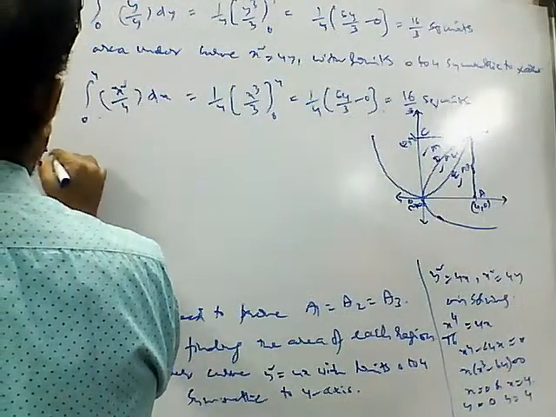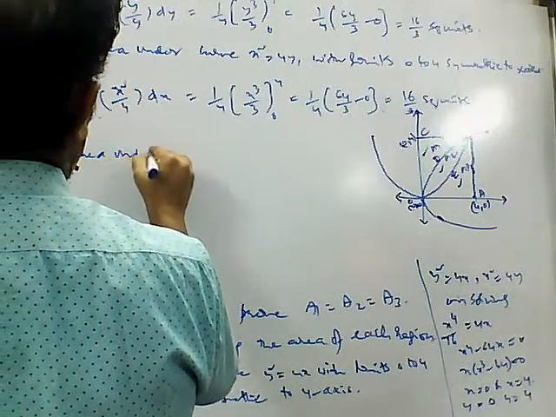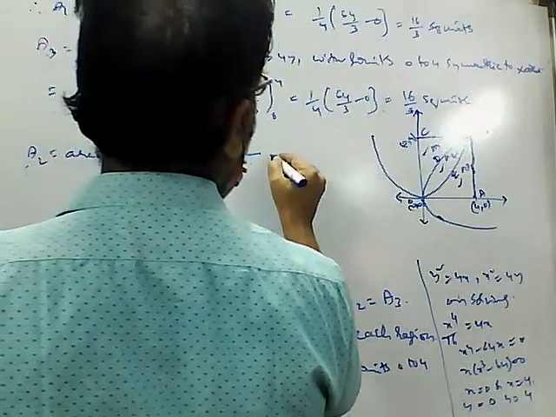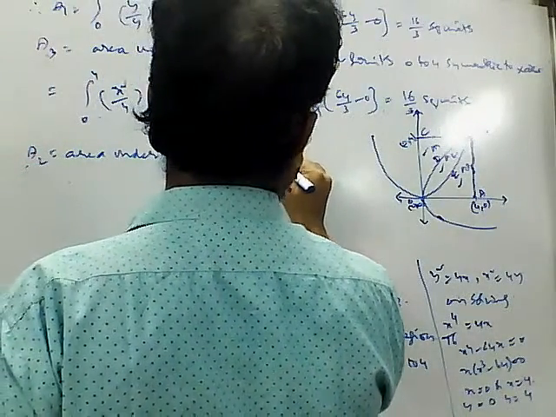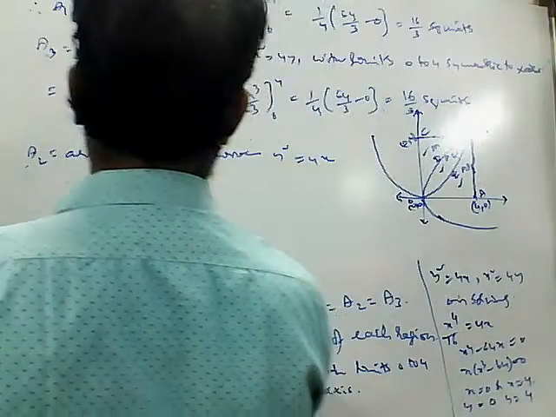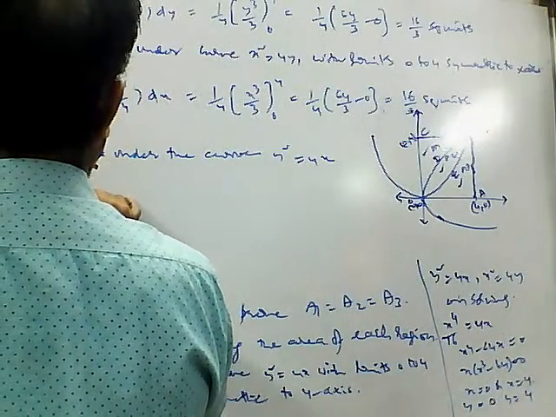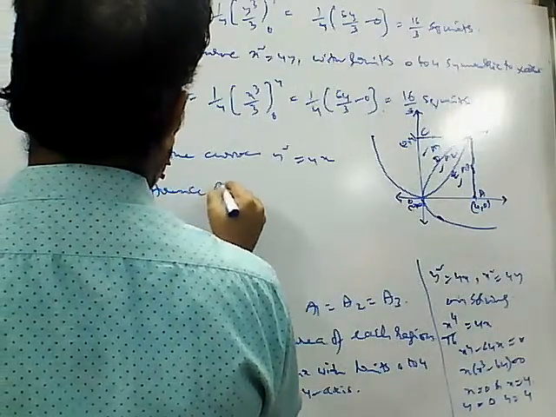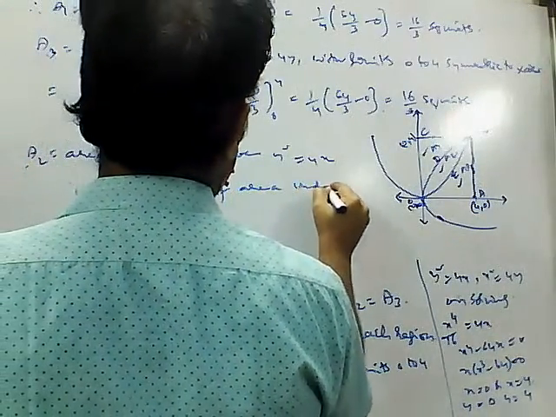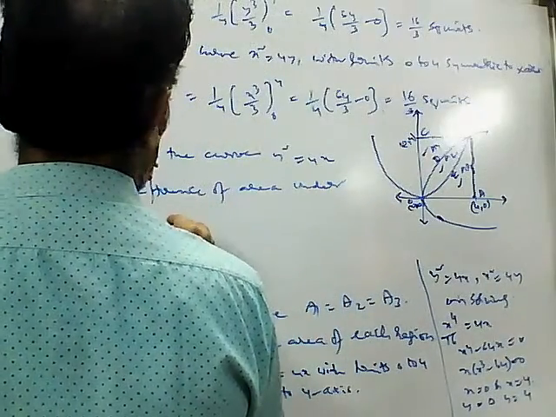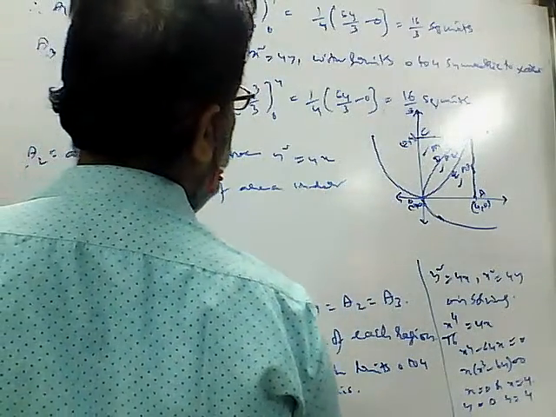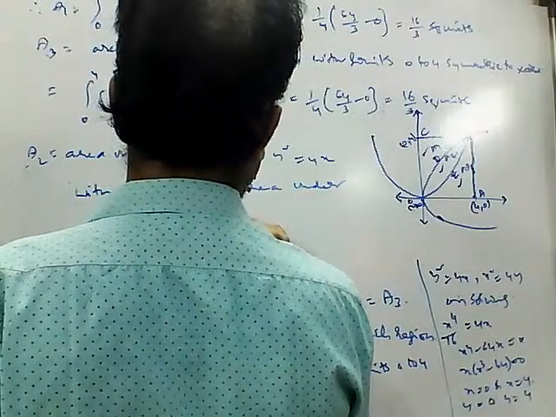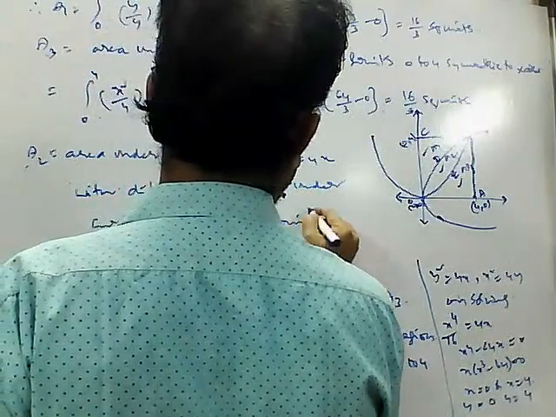A2. Area under the curve y square is equal to 4x, with the difference of area under the curve x square is equal to 4y, with the limits 0 to 4.